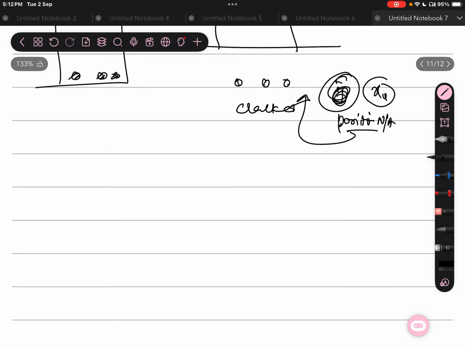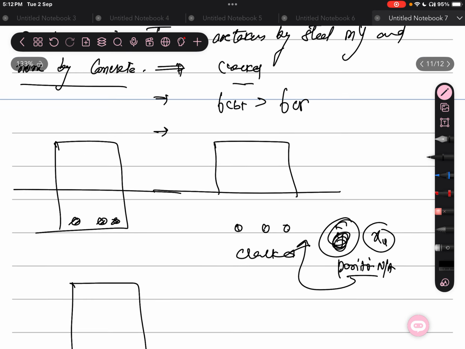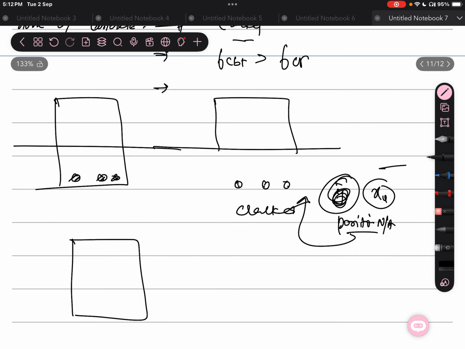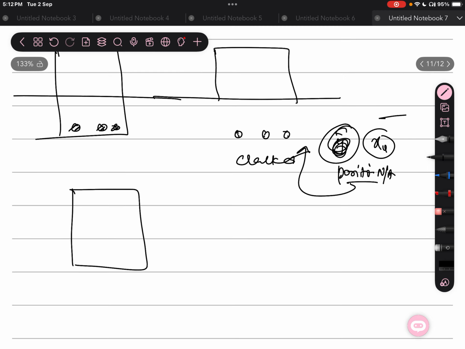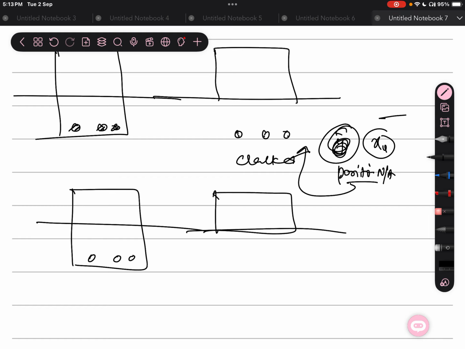But it would affect our neutral axis if it were an uncracked section. Basically, we will not ignore the concrete on the tension side this time. We'll have to consider that as well, so that will be somewhat lower.